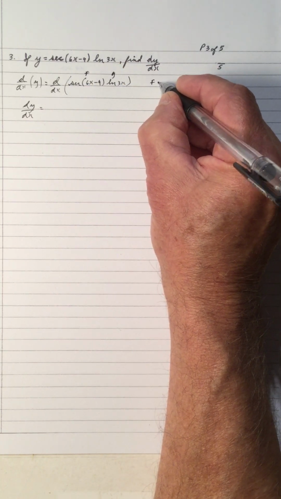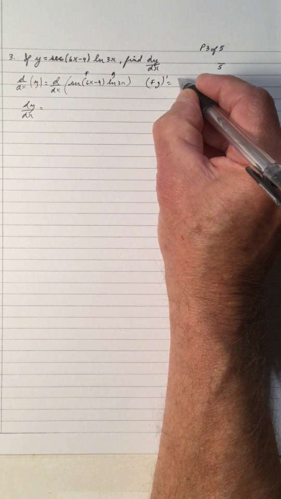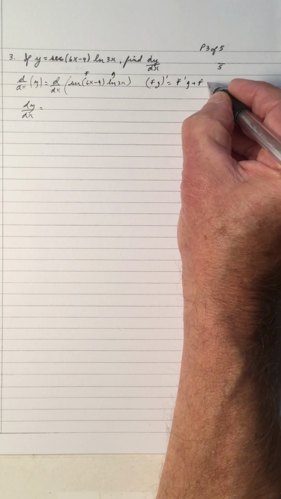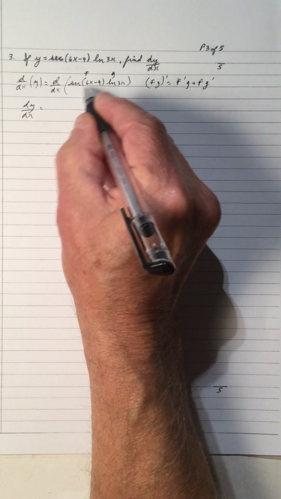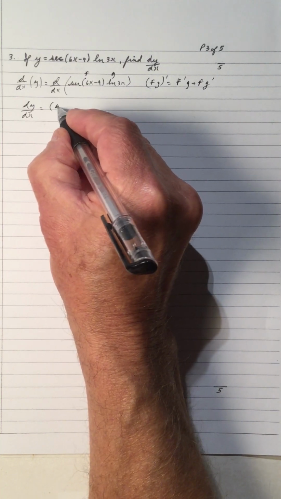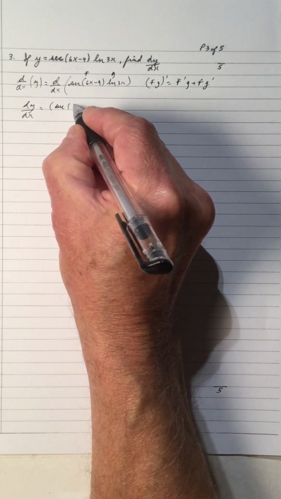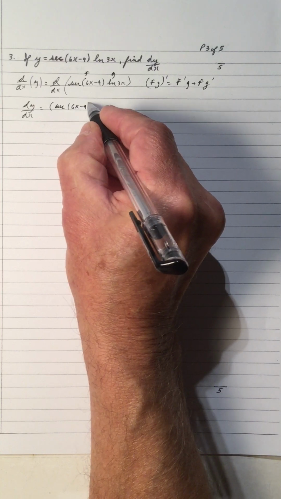So we treat this as a product. This is f and g. So if you think about it, the derivative of f times g is derivative of f times g plus f times the derivative of g. So this is the f, so it's the secant of 6x minus 9.